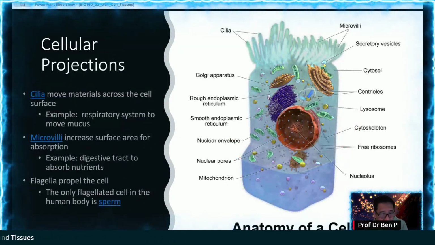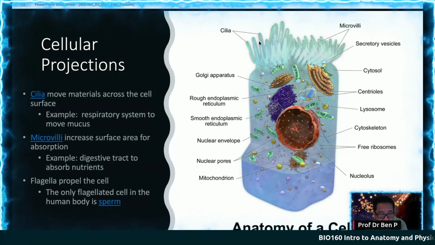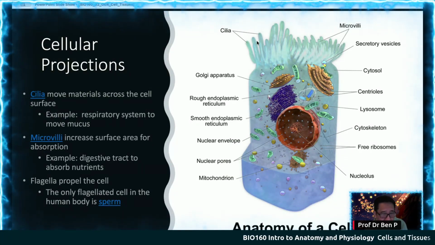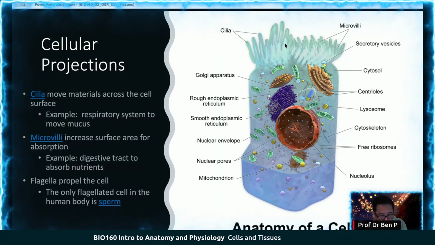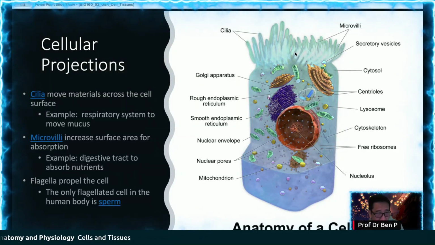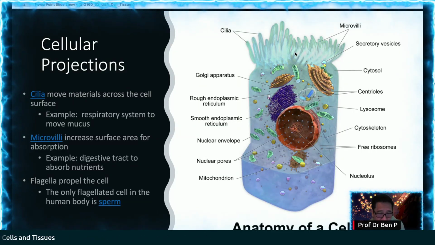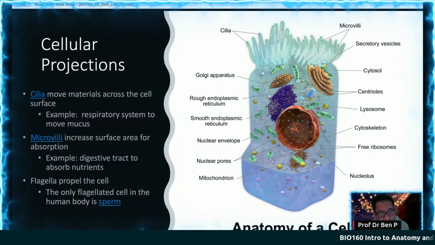Okay, you have cilia. Some of your cells have cilia, which is hair. Okay, hair. Usually this is where stuff is coming in, in your respiratory tract, and produces mucus in your GI tract. This is where you absorb your food as well.